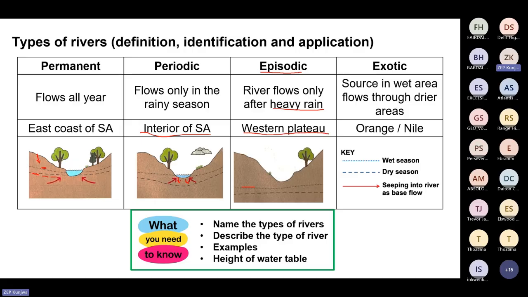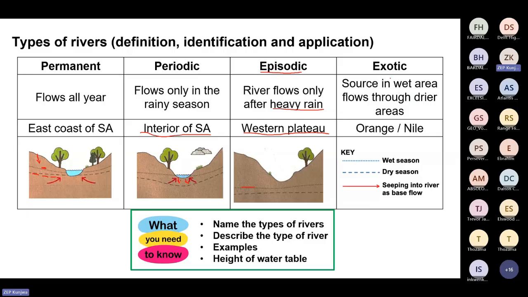So yeah, all right. And then we've got the exotic river. The exotic river, it's much more similar to the permanent river because it is going to flow even in dry areas like desert, for an example.